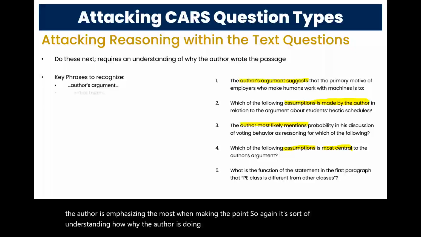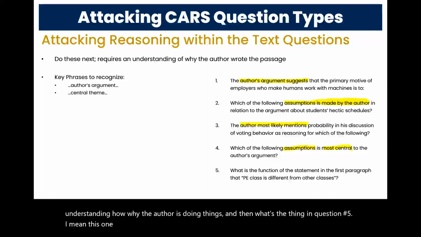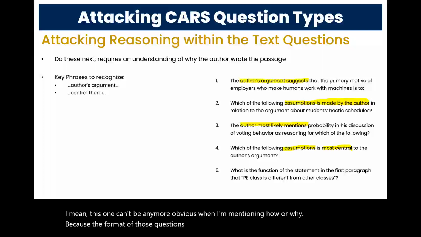And then what's the thing in question number 5? I mean, this one can't be any more obvious when I'm mentioning how or why. Because the format of those questions is, we're asking, what is the function?